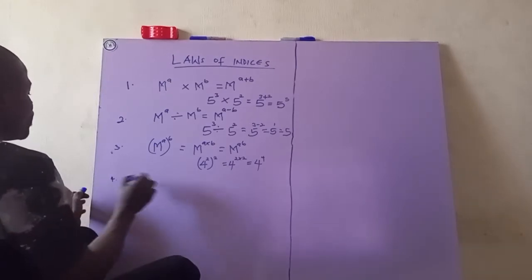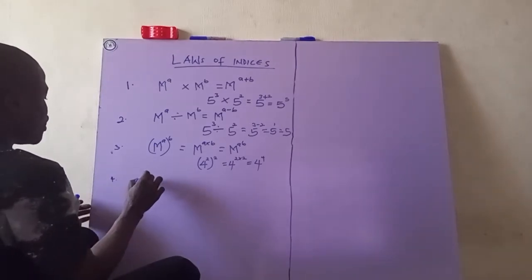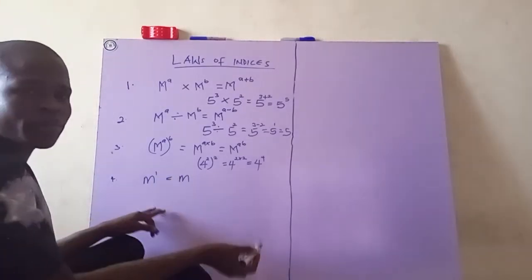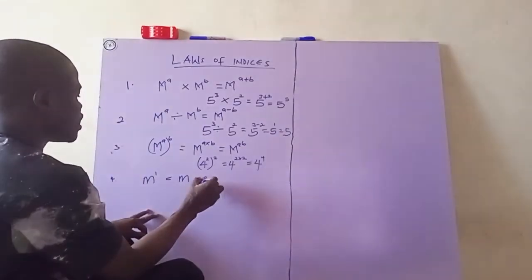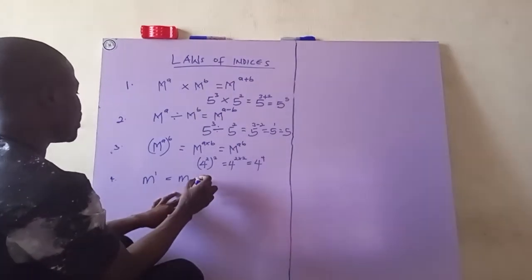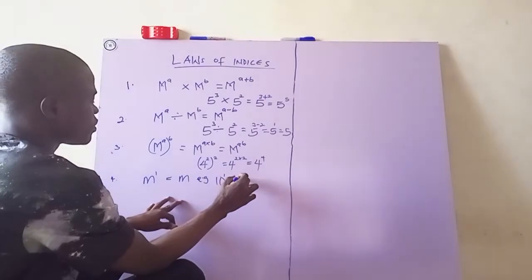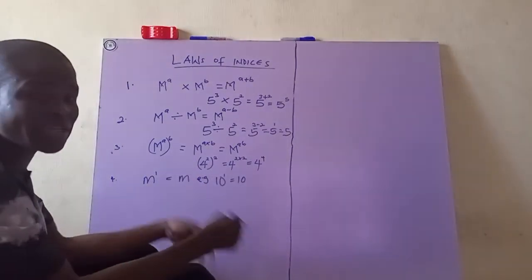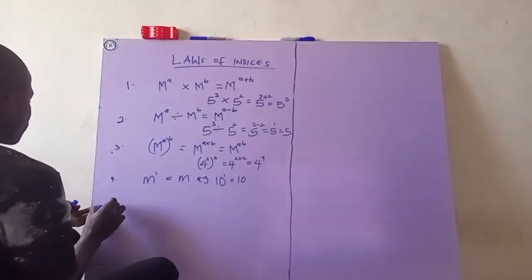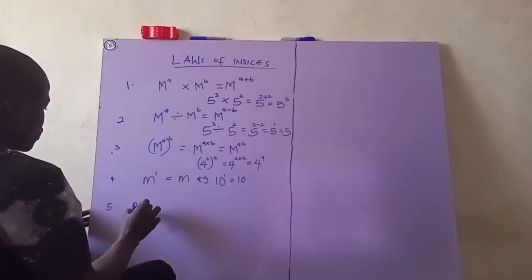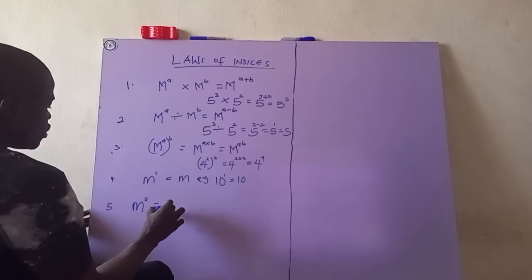Number 4: m raised power 1 is still m. For example, if I have 10 raised power 1, it is still 10. That is 10 times 1 is still 10. Another one: if I have m raised power 0, this will give me 1.